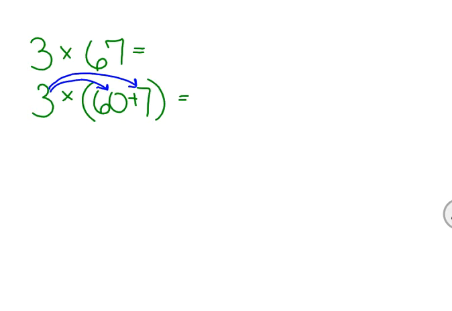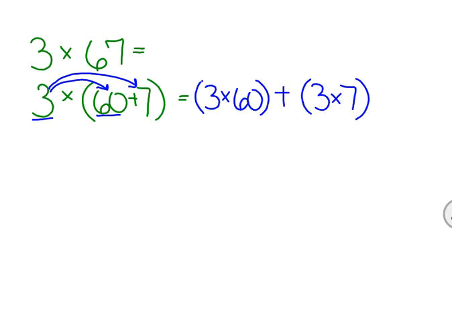All right, so I'm going to go first, 3 times 60. I'm going to write that down. And I'm adding in my other distributive part, which is 3 times 7. So now I have 2 separate parts.